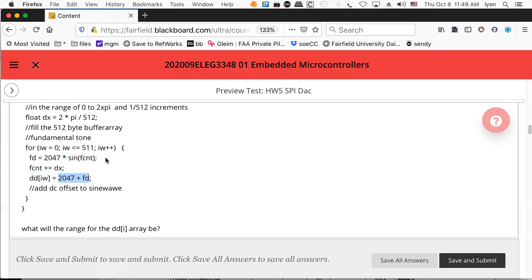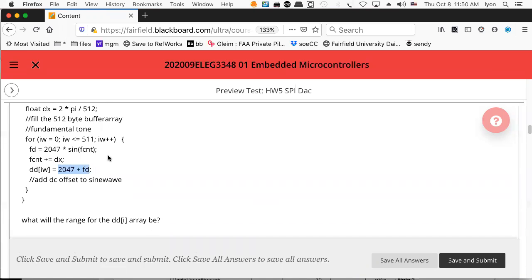What is 2047 times 2? 4094, I think. Isn't that right? 2047 times 2 is 4094. Our maximum that we can represent is 4096. So this gives us like 2 voltage quanta of headroom.